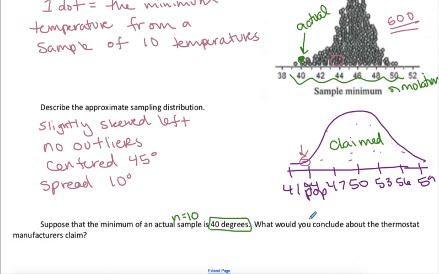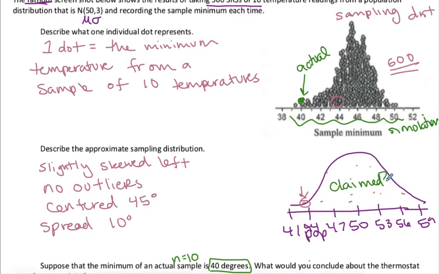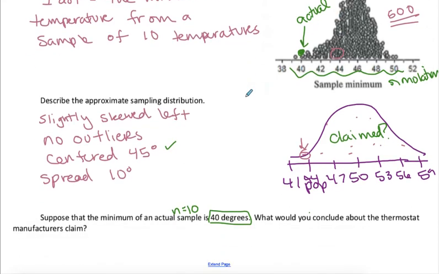And so when we look at this, it says, suppose that the minimum of an actual sample is 40 degrees. So maybe you start to suspect maybe what they've claimed is incorrect. When we look at this actual data, does this one happen very often? Okay, ours is expected to be around 45. There are no outliers. This is pretty unusual here.